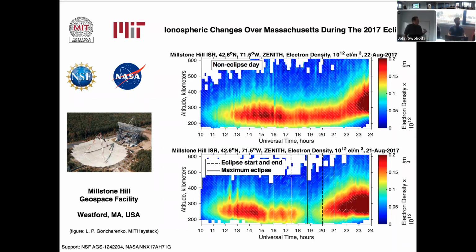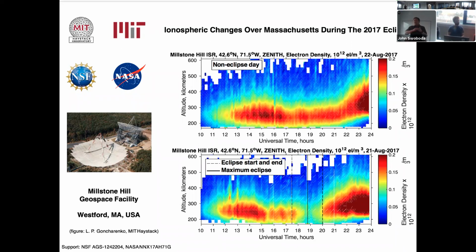There are other aspects to look at. There are also issues, and I'll pick up a little bit more about this later, but the fitting of this data becomes complicated. When we fit parameters in incoherent scatter radar, we make assumptions about the ion composition.